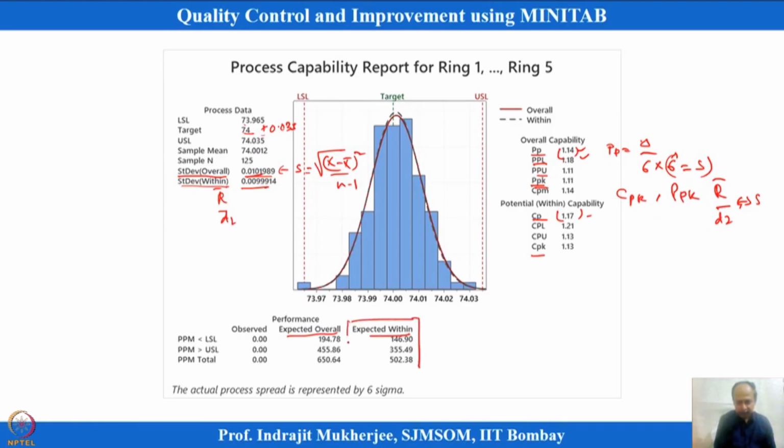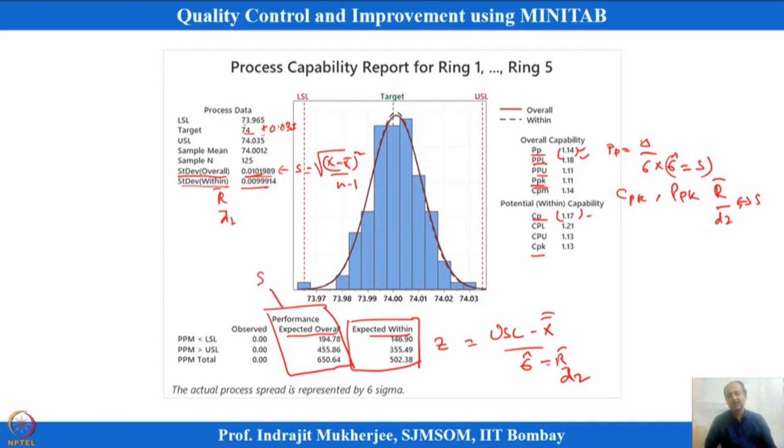Expected within is based on the Z calculation, like what we do for USL, the one sided (USL minus x bar) by sigma estimation. This will be done by the R bar by d2 formulation, and the overall part will be done using the S estimation. So, instead, the sigma estimation will be based on S, or the overall standard deviation, you can say the process standard deviation.